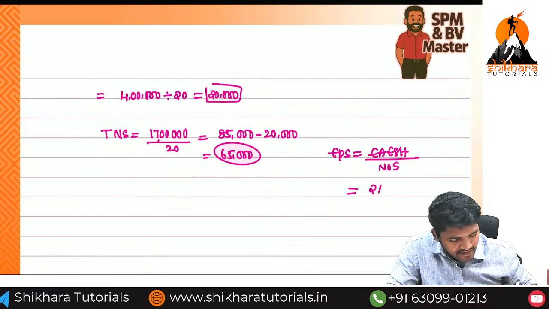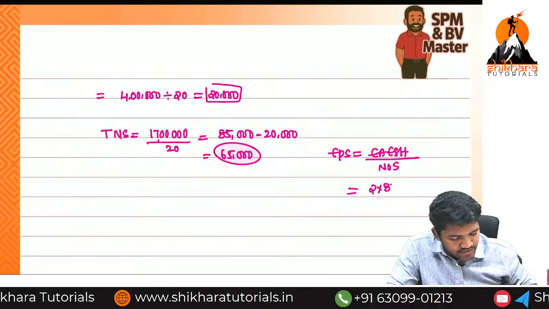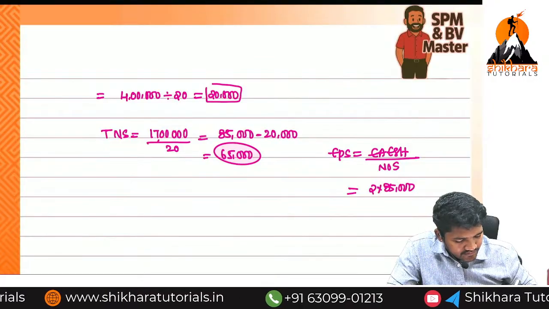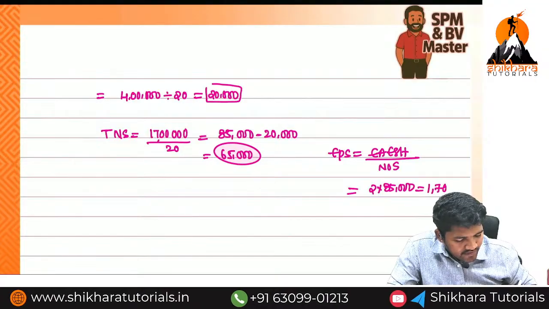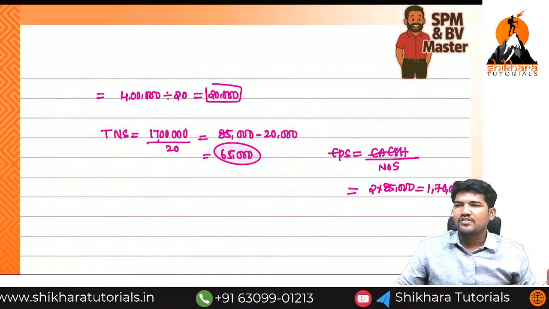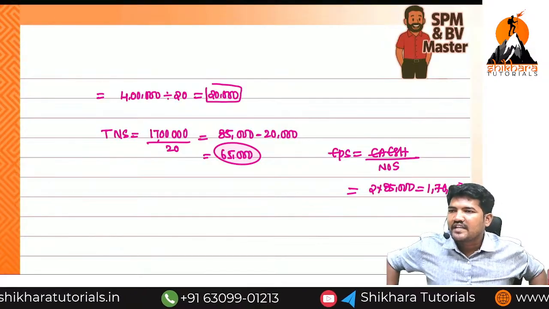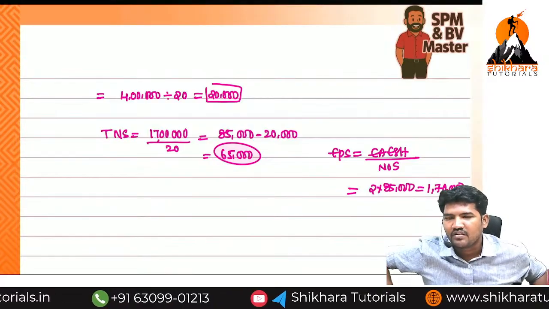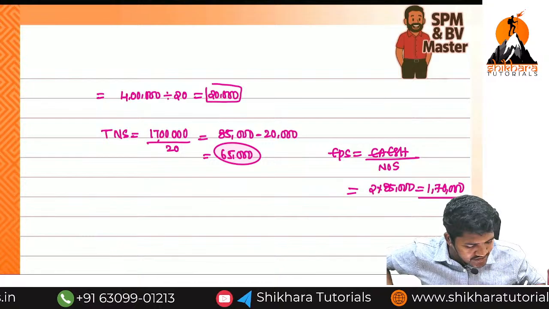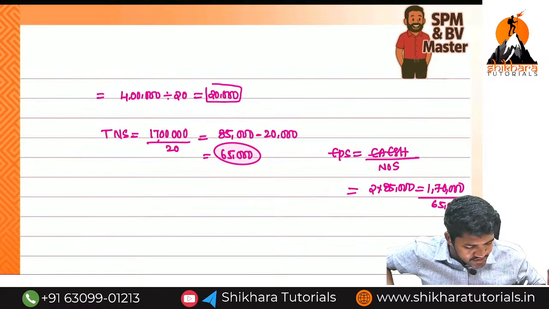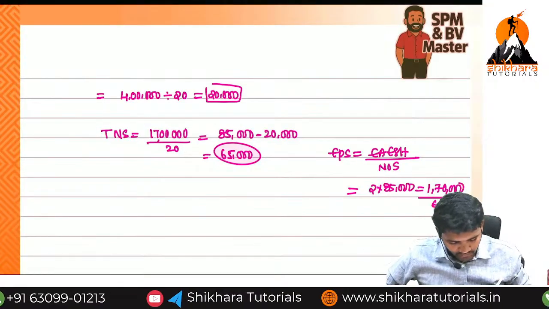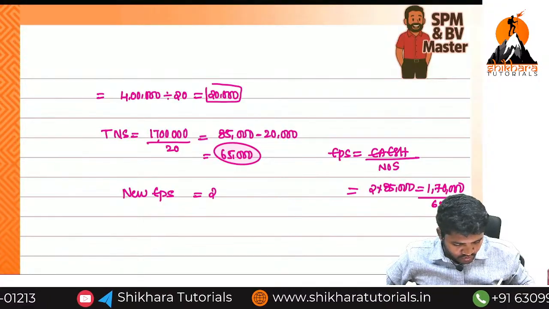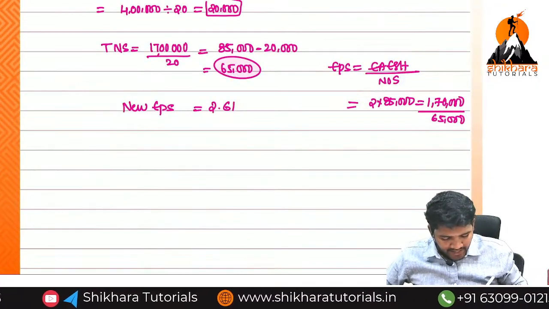So 2 rupees EPS into 85,000 is 1,70,000. This is your earnings. Why am I not calculating for 65,000? Because earnings are for all the shares. Now you are buying back. So 1,70,000 divided by 65,000 shares gives the new EPS, which is 2.61.